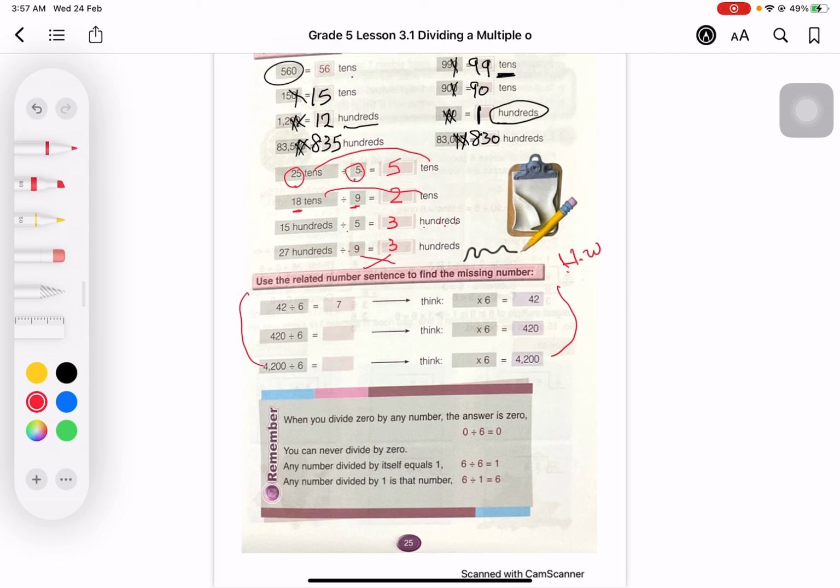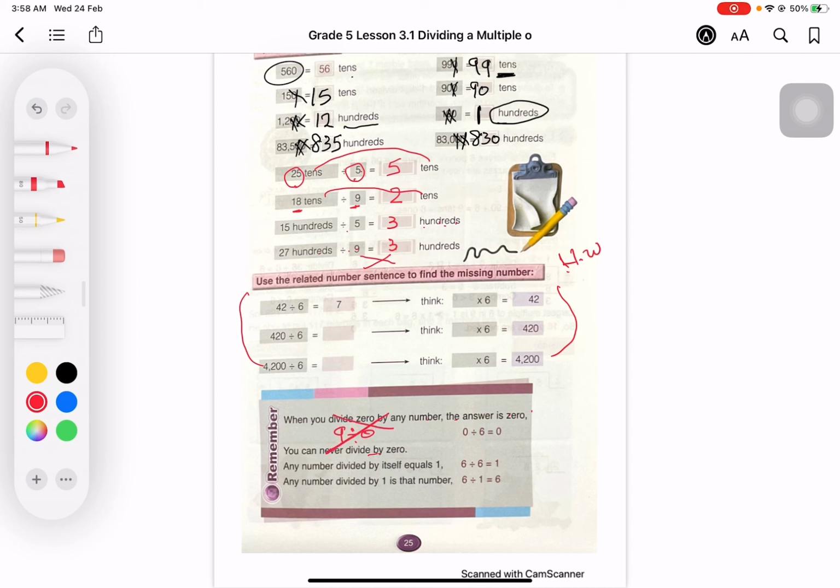Now let's go to remember. When you divide 0 by any number, the answer is 0. If you say for me 0 divide 6, the answer is 0. But 6 divide 6, the answer is 1. And 6 divide 1 is 6. You can never divide by 0. It means if I have 9 divide 0, this is not correct.